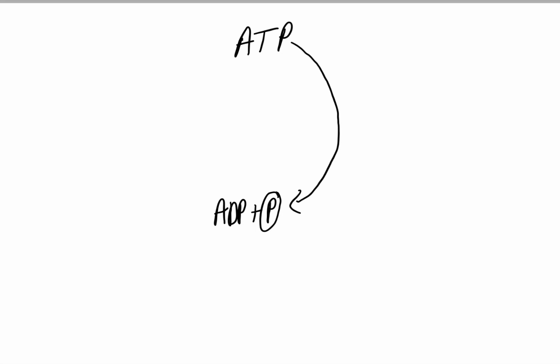Now, ATP has high chemical energy associated with it, and this is due to the 3 negatively charged phosphates that are covalently bonded next to one another. And in comparison, after we hydrolyze ATP, we have essentially molecules that have a lower chemical energy.